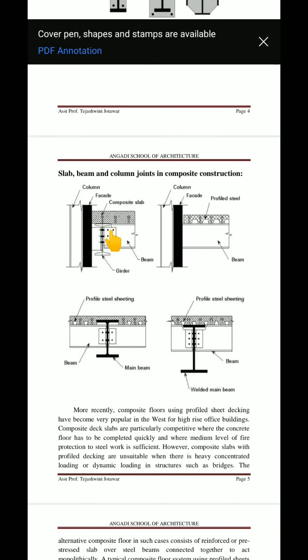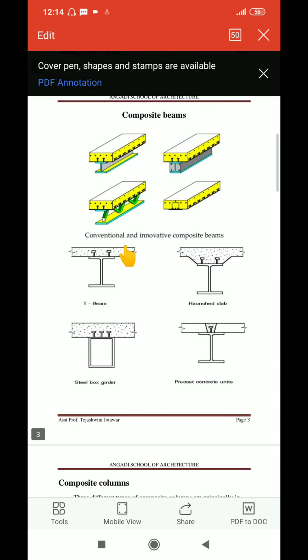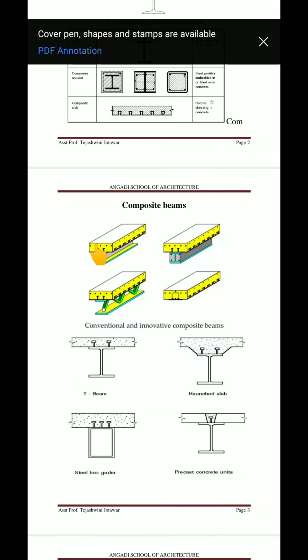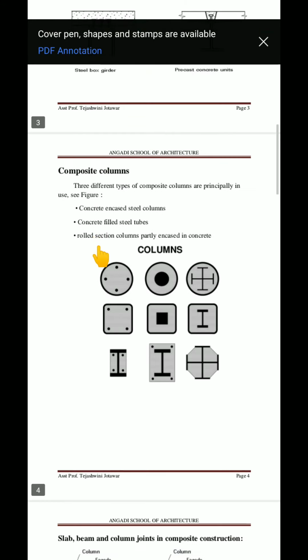This is a simple arrangement of a beam and column where a steel beam is provided and above the steel beam there is concrete.